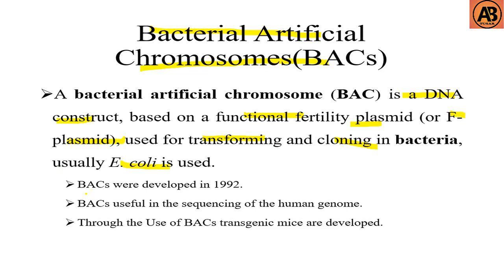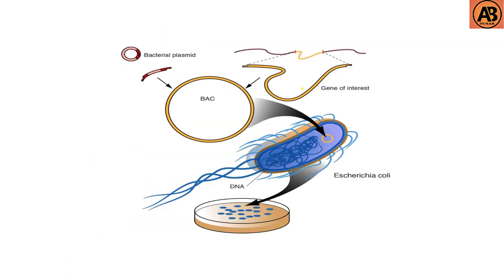BACs were developed in 1992. BAC is useful in the sequencing of the human genome. Through the use of BAC, transgenic mice are developed. Here we can see the BAC, a cloning vector.